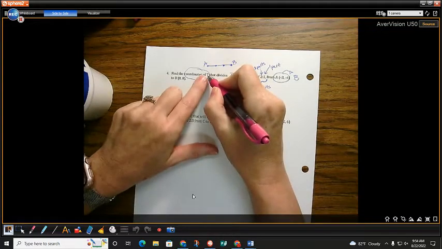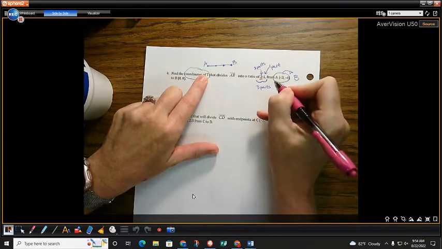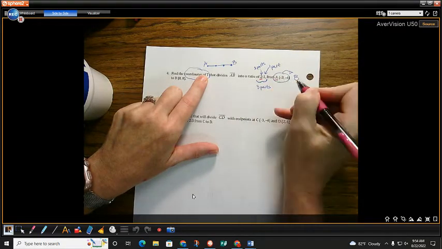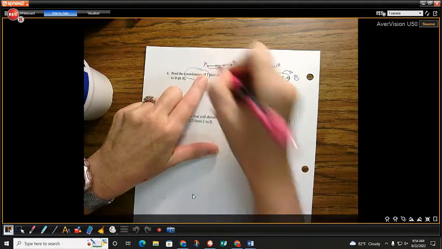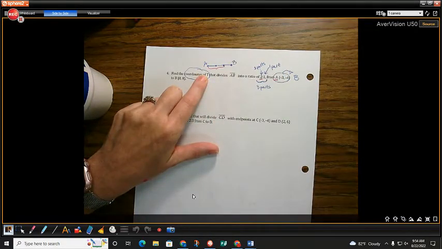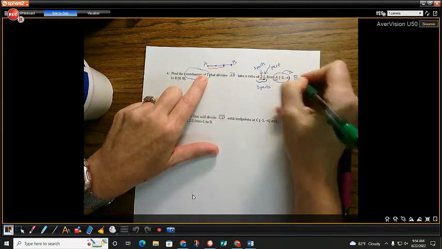When I find point T, see how the 2 is first and the A is first. So these 2 parts are on the closer side to A, and the 1 part is going to be closer to B.